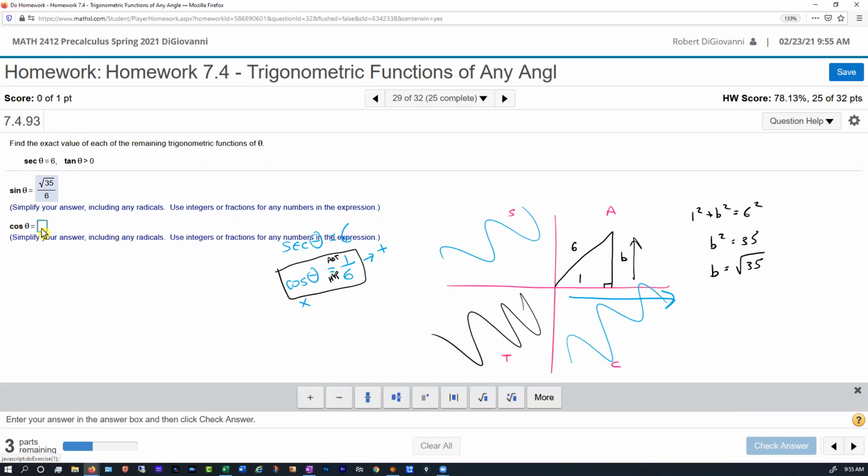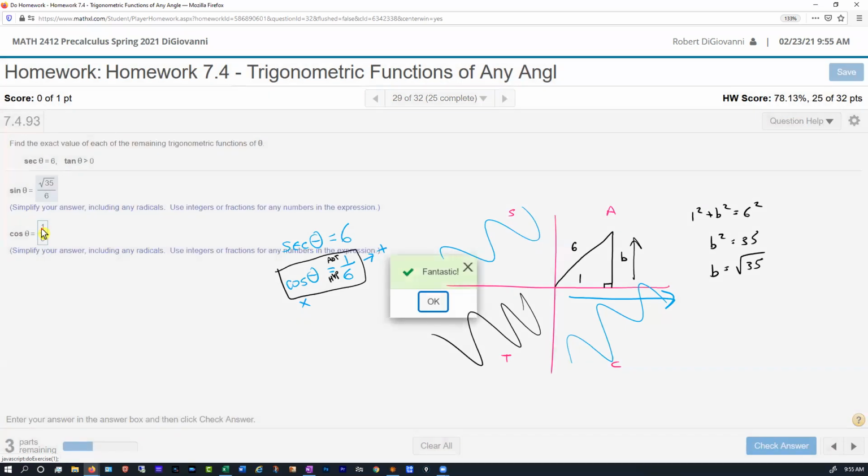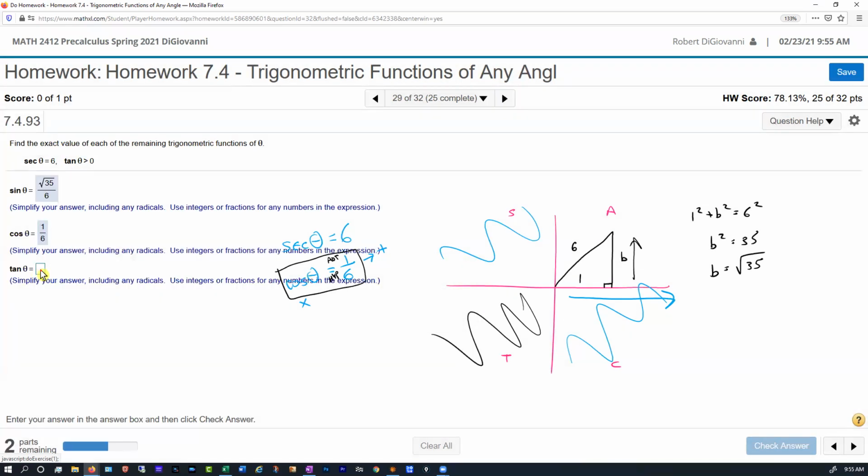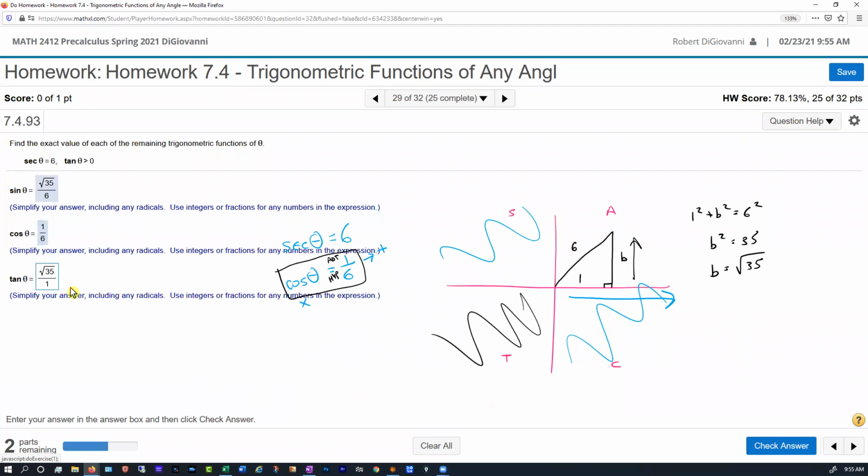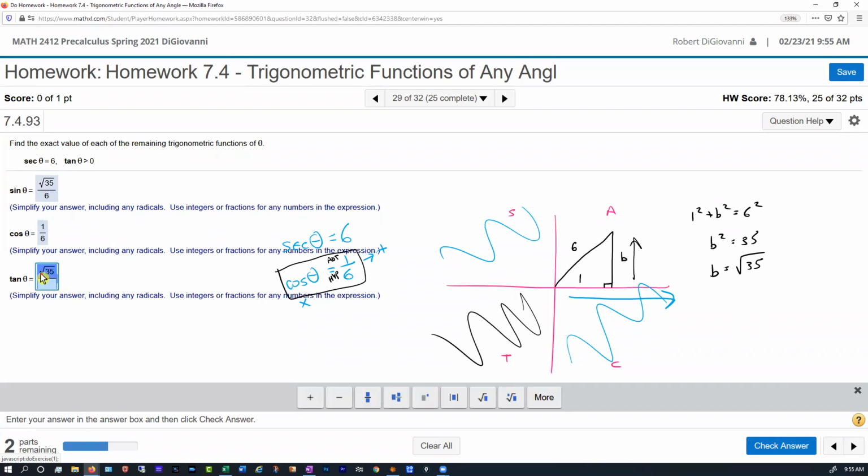Cosine is going to be, well, we knew that was just the reciprocal of secant, so 1/6. Tangent is the y value, which is √35, divided by the x value, which is 1. It wants me to simplify that, so √35.